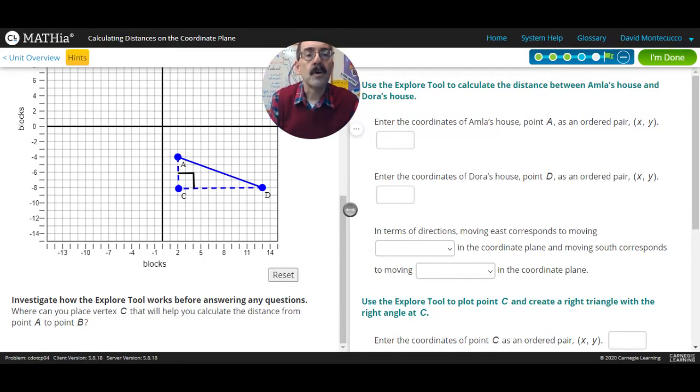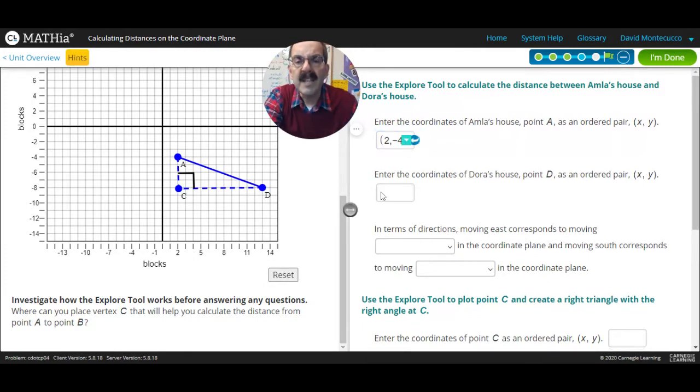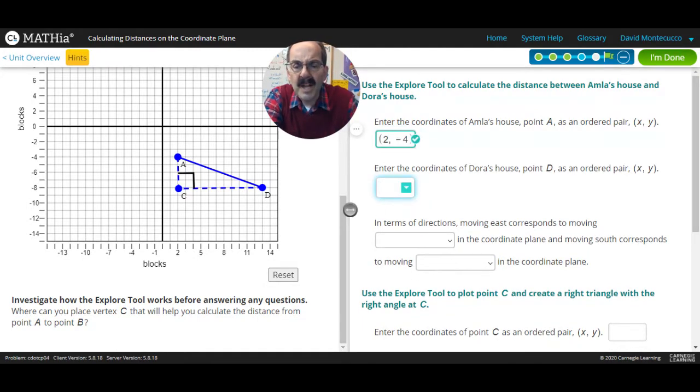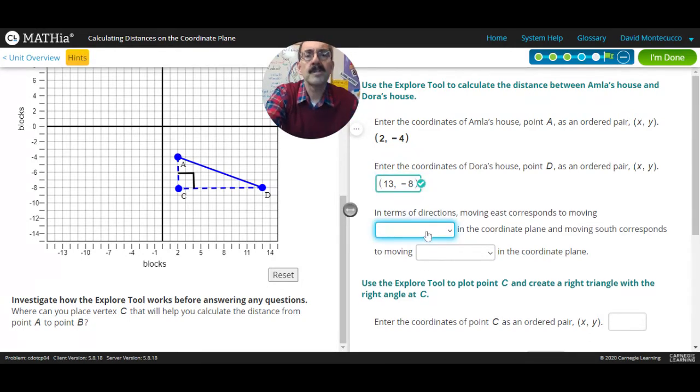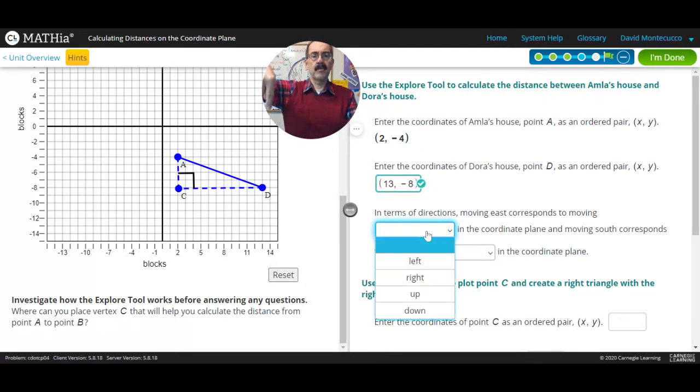Okay. So 2, -4. D is 13, -8. In terms of directions, we're going to go south.